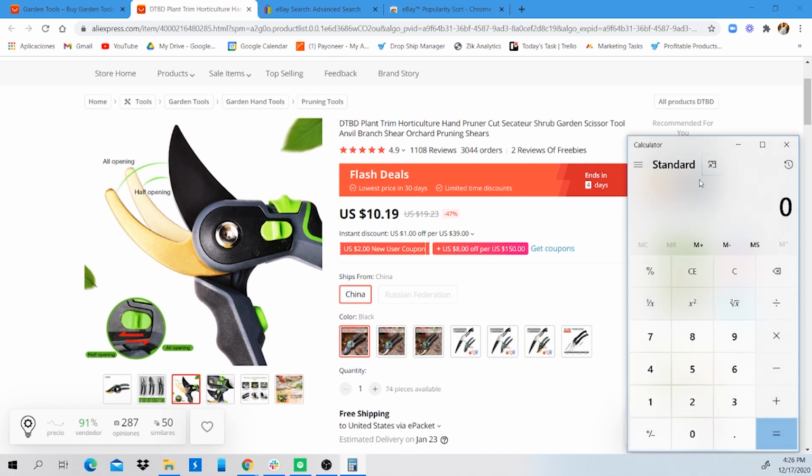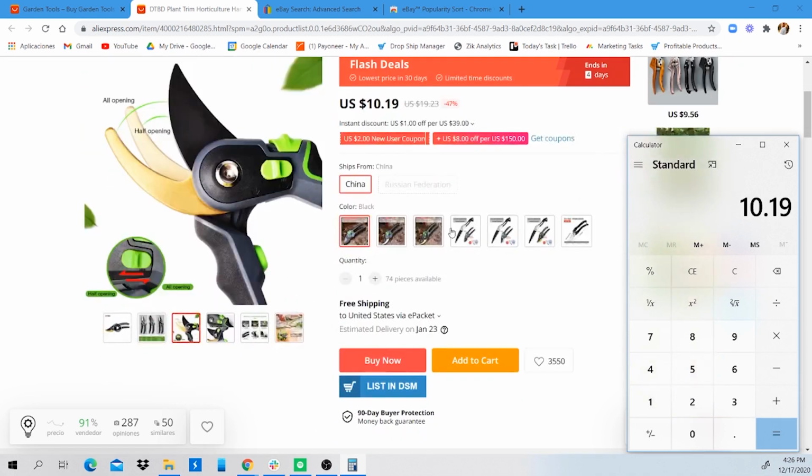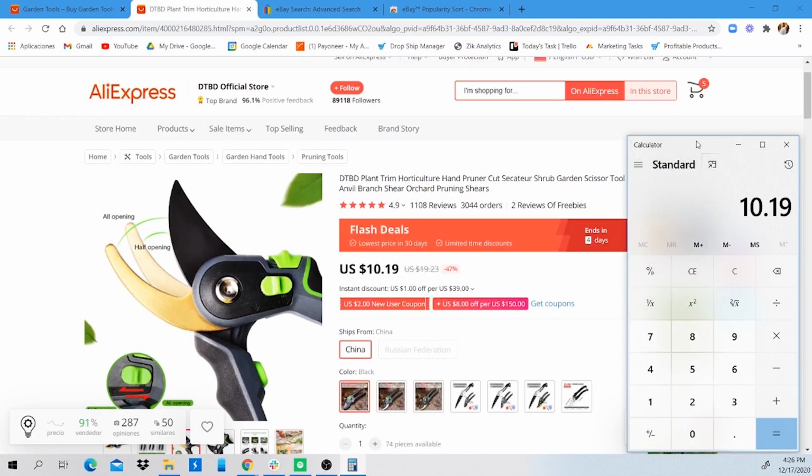So in order for us to do that, the equation is the following. First, we grab the total amount for the price over here. We have 10.19. We normally would add that up with the shipping price, but there's no shipping price because it's free shipping. Once we've done that, we're going to multiply it by 1.3, and we have this following number.